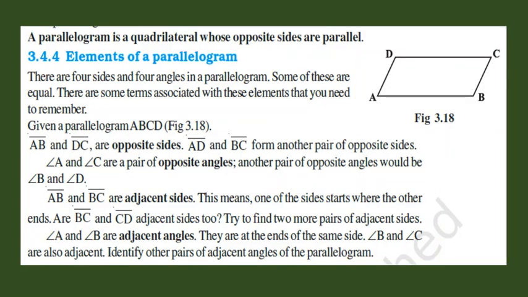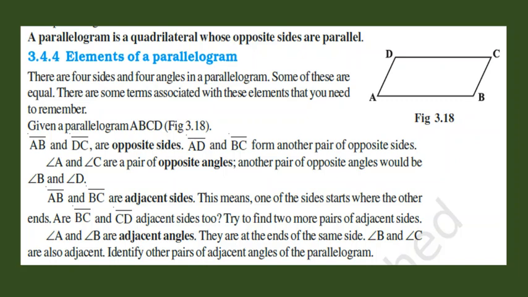Now naming the elements of the parallelogram is the same as naming any quadrilateral's elements. I have taught in the beginning how to name adjacent sides, adjacent angles, adjacent vertices. Similarly, how to name opposite sides, opposite vertices, opposite angles.